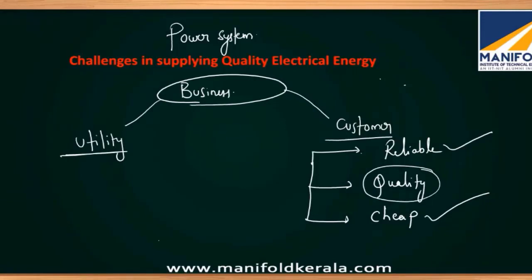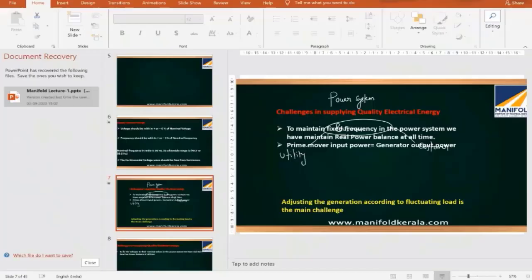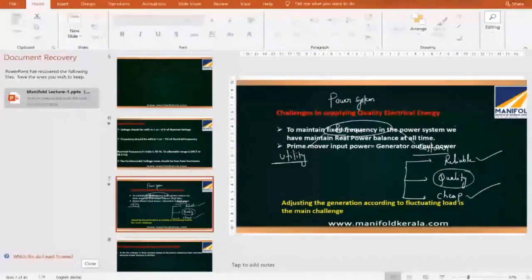Now, similarly, what are the objectives or what are the goals of the utility? Can anybody tell what are the goals that utility wants? What are the objectives of utility? Somebody said minimum losses. Good.